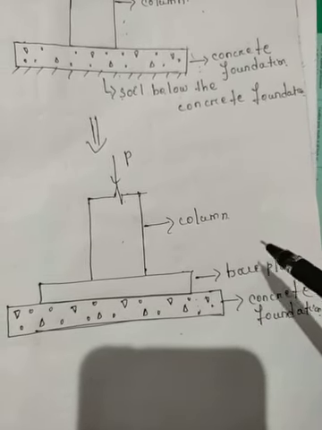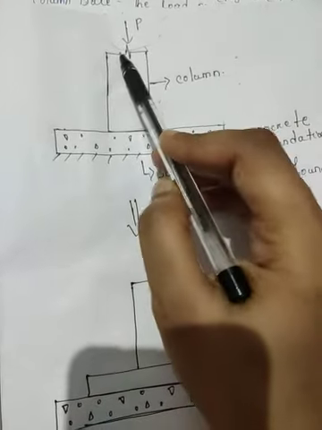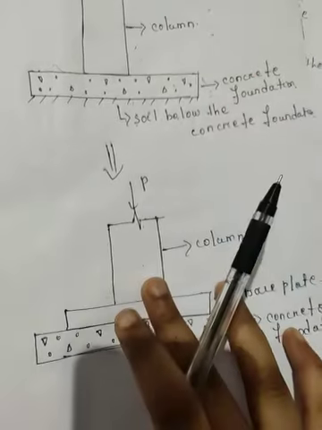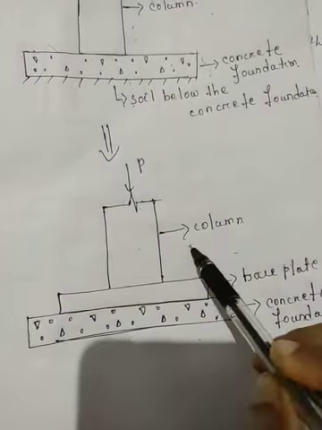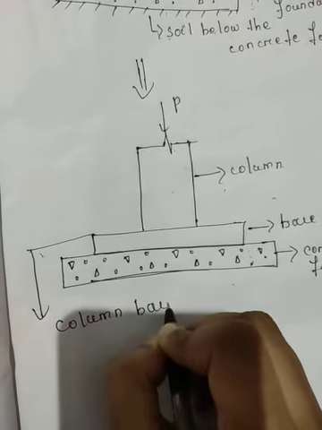If we do not provide a base plate, then due to the direct compressive load, the concrete can be crushed. So to avoid this, a base plate must be provided between the column and the concrete foundation. In this case, this base plate is known as column base.